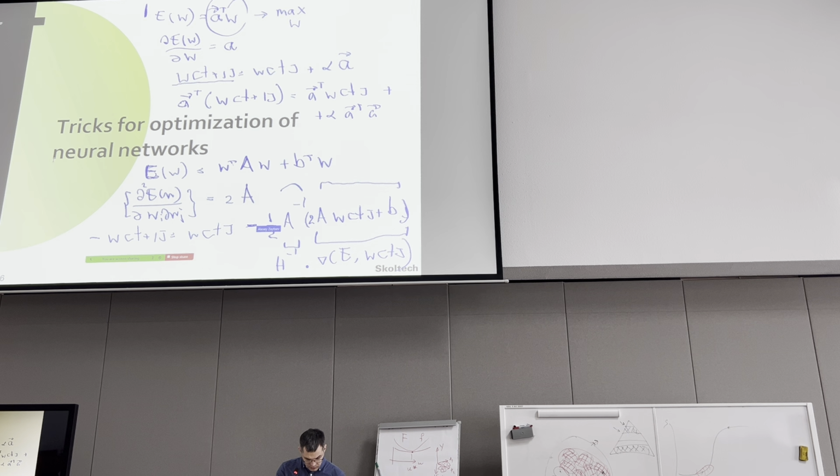And let's see what's going on basically with this part. We have Wt minus 1 divided by 2, A to the minus 1, 2 times A Wt minus A inverse times B. This term equals to Wt.